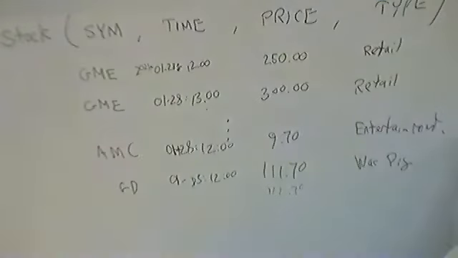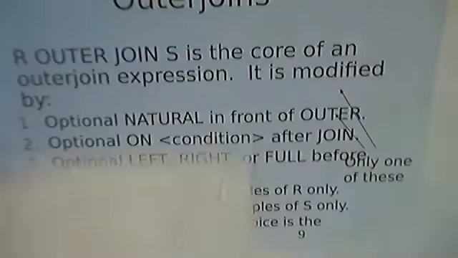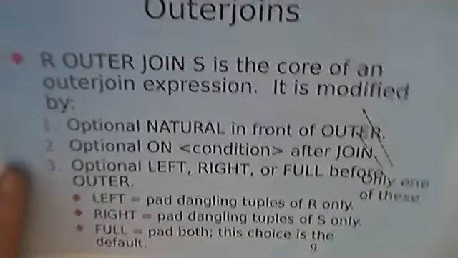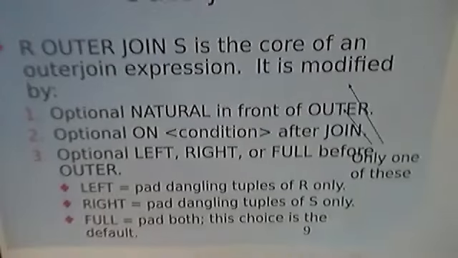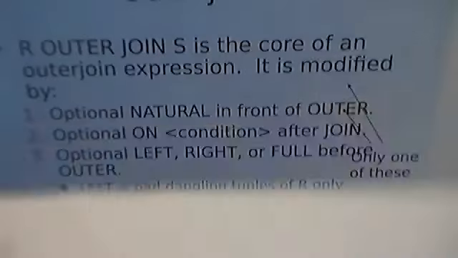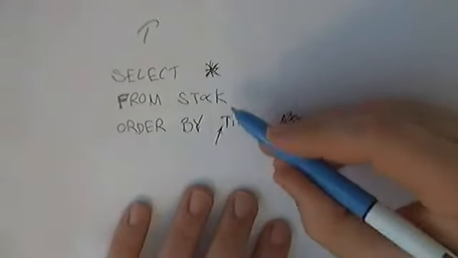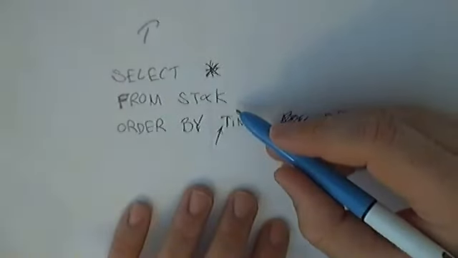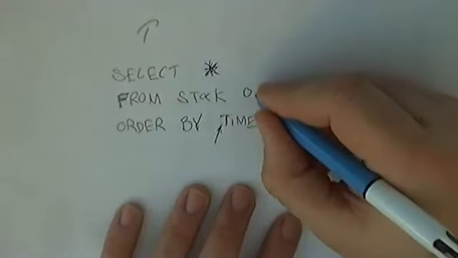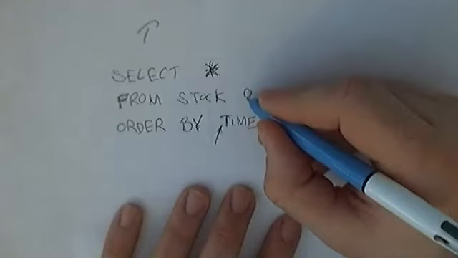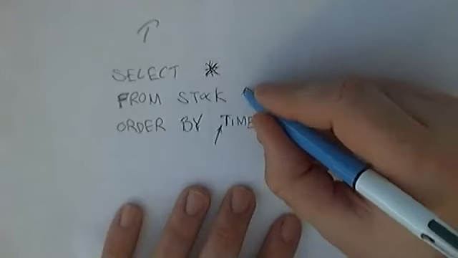Oh yeah, then there's outer join. Let's look at the way outer join works. Basically, you can do outer joins in SQL in the select. So if for instance I was going to do stock, and then I wanted to also have the customers that own them, I could say stock outer join customer.